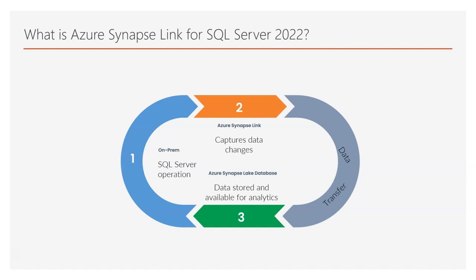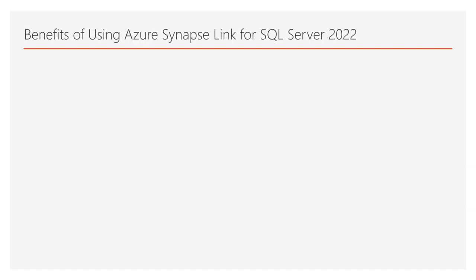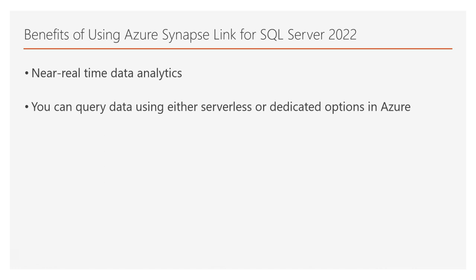So this offers many benefits, about which we are going to discuss right away. Some of the main benefits of using Azure Synapse Link for SQL Server 2022 are near real-time data analytics. You can query data using either serverless or dedicated options in Azure, since by the time the data is available in Azure for analytics, you can make use of the different computational models in Azure, for example, serverless or dedicated options, as mentioned before.